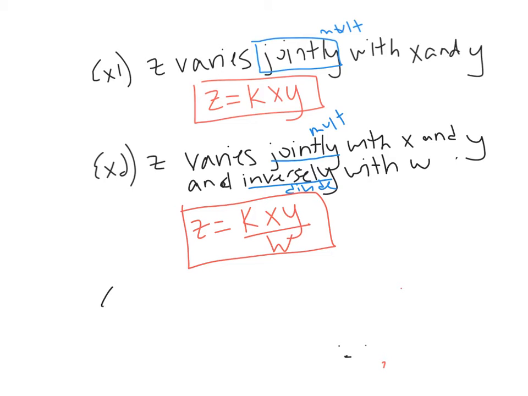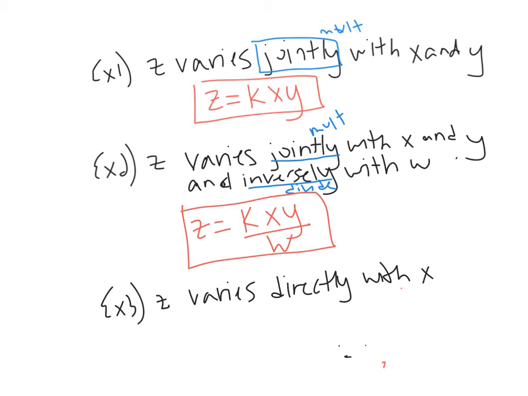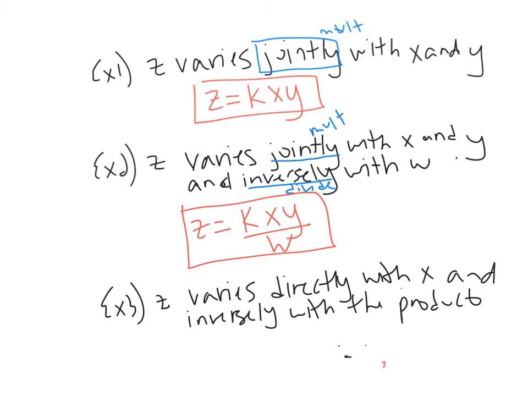Let's try another one. What if z varies directly with x and inversely with the product wy? Again, let's break this down step by step.